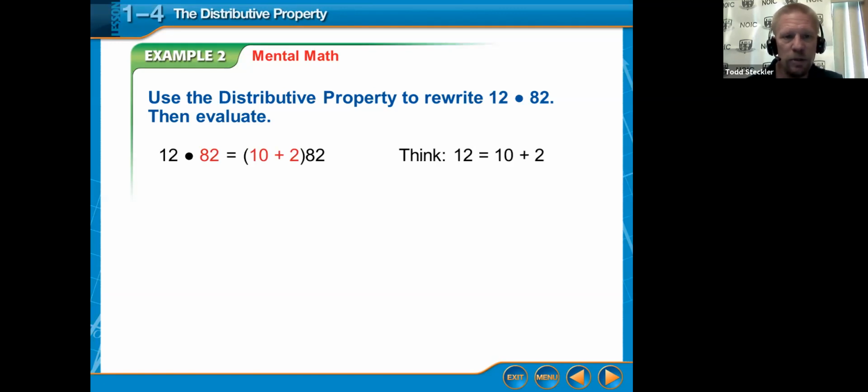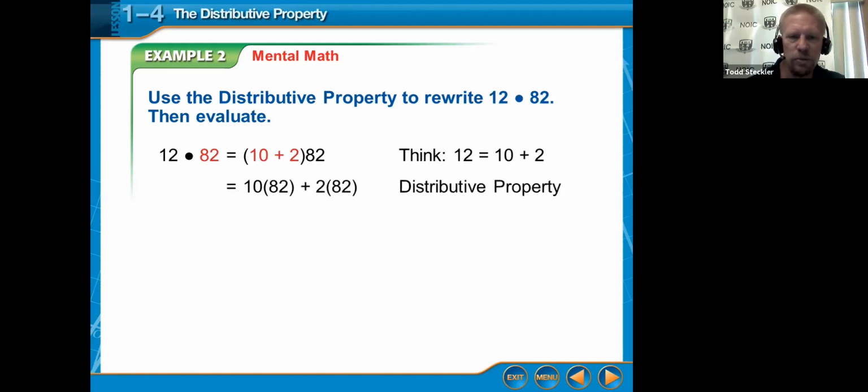Now the reason we would want to do that is because it's fairly easy to multiply 10 times 82, and it's fairly easy to do 2 times 82. 10 times 82 is 820, 2 times 82 is 164. Now if we add those two numbers, we get 984. And if you multiply 12 times 82 the long way, you will also get 984.